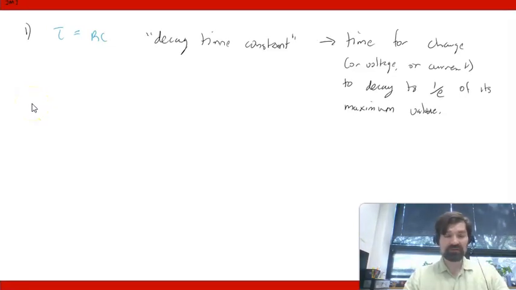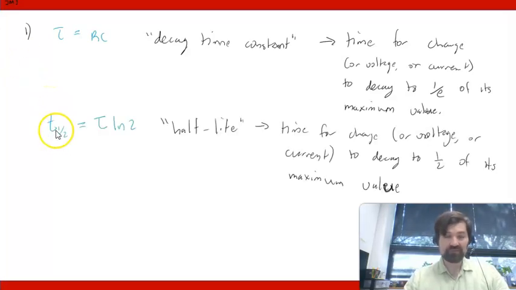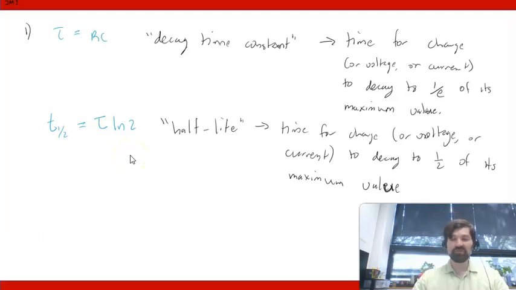Now this decay time constant, tau equals RC, is actually related to another quantity of interest to us, which is what's called the decay half-life, which we might write as t1 half, is actually equal to this decay time constant times the natural log of 2.